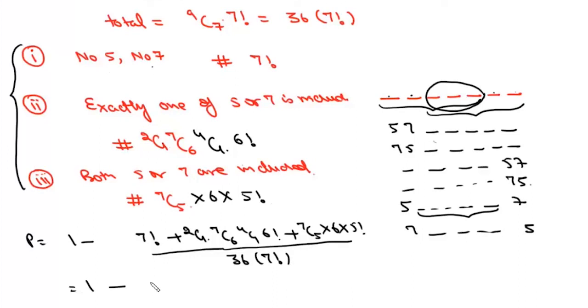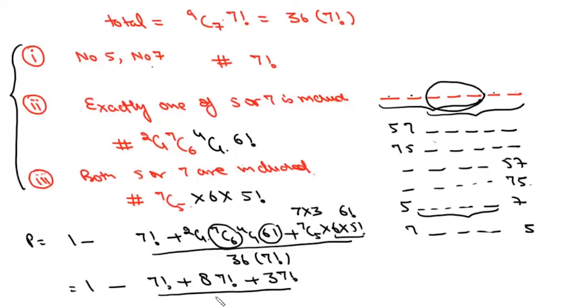Now this is 1 minus, now this is factorial 7. Now 7C6 is 7, and into factorial 6 is factorial 7, and this is 8. So it will be 8 into factorial 7 plus, now 6 into factorial 5 is factorial 6, and 7C5 is 7C2, and 7C2 is 7 into 3. So it will be 3 into factorial 7, divided by 36 factorial 7.